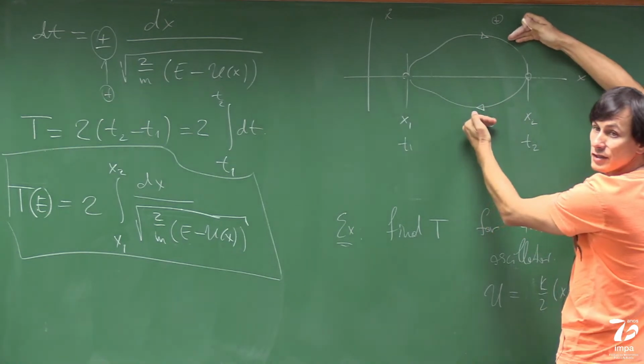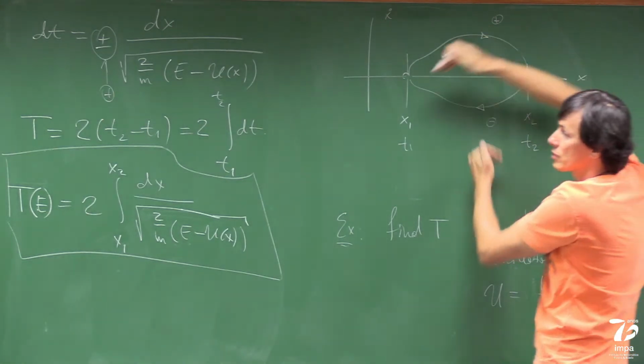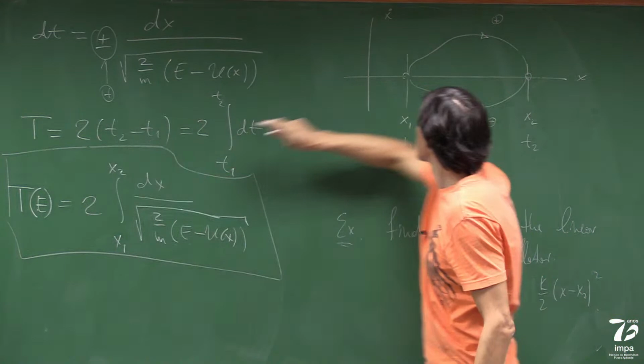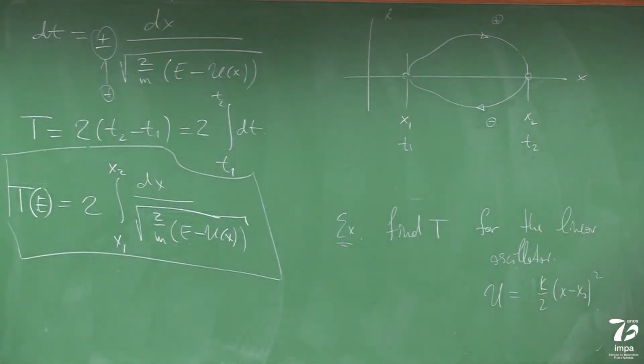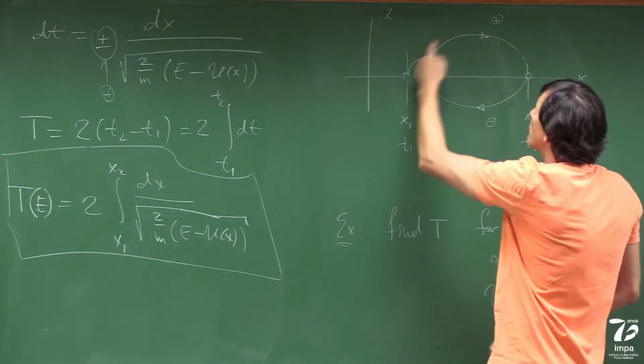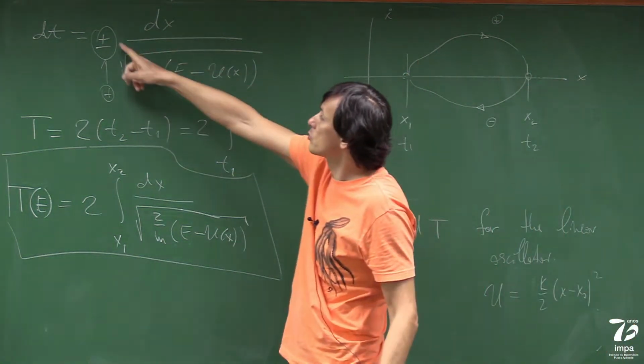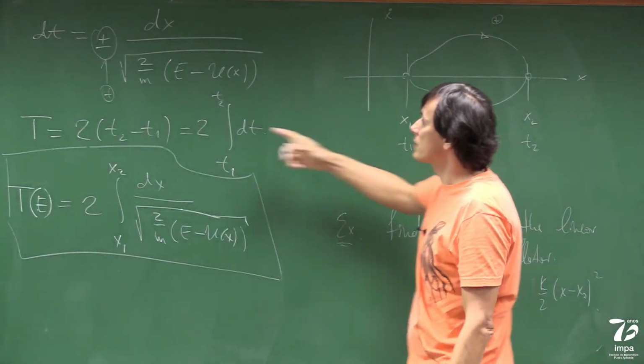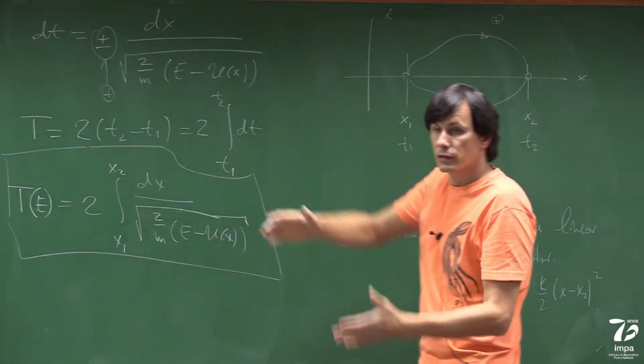But these times are exactly the same. So that's why I put 2, and only compute the upper part. The upper part is the integral with plus, and the lower part is that integral with minus, and they're the same.